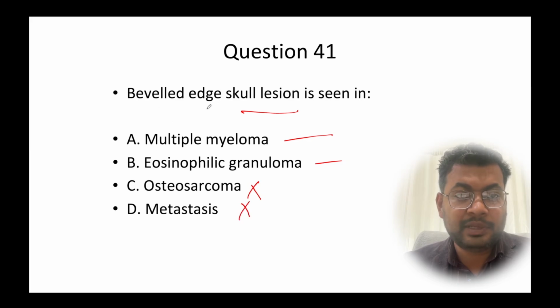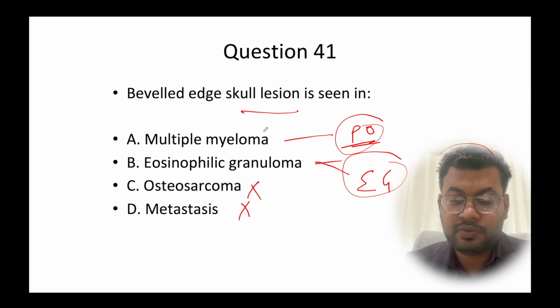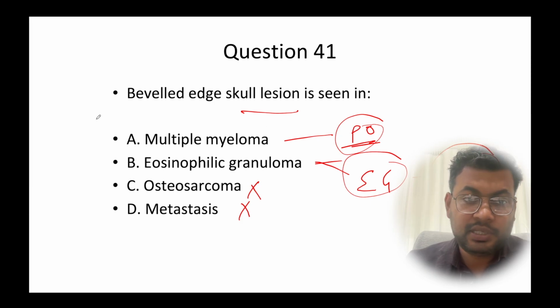So the answer should be either A or B. Multiple myeloma has punched out lesions, and the beveled edge is seen in eosinophilic granuloma. It is also called Langerhans cell histiocytosis, and it produces a beveled edge skull lesion. So LCH or eosinophilic granuloma should be the answer. So answer is B.